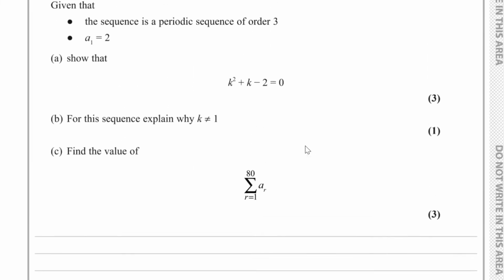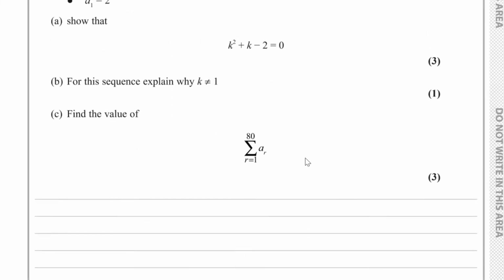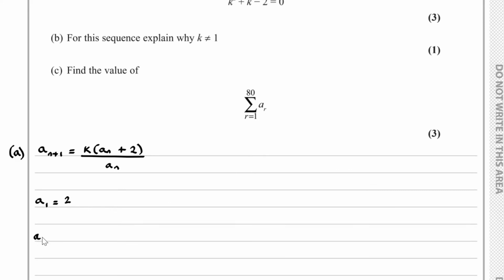So for part A, we've got a_{n+1} equal to k lots of a_n plus 2 over a_n. We know that a1 is equal to 2. a2, using the sequence, is k lots of a1 plus 2 divided by a1.